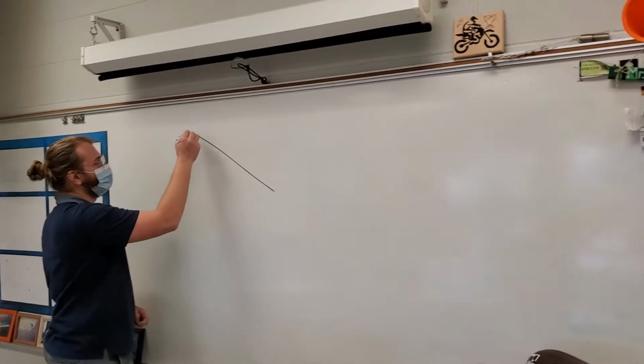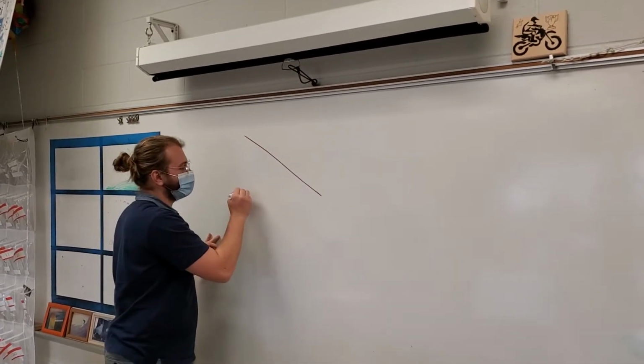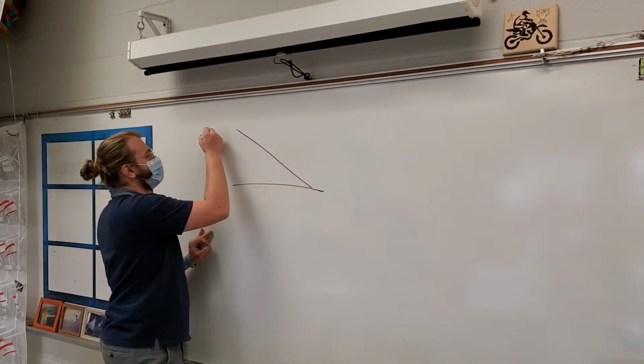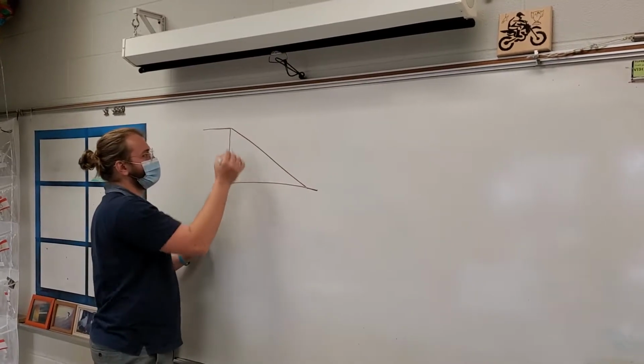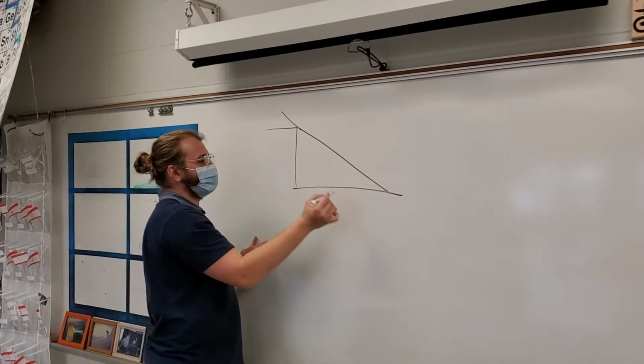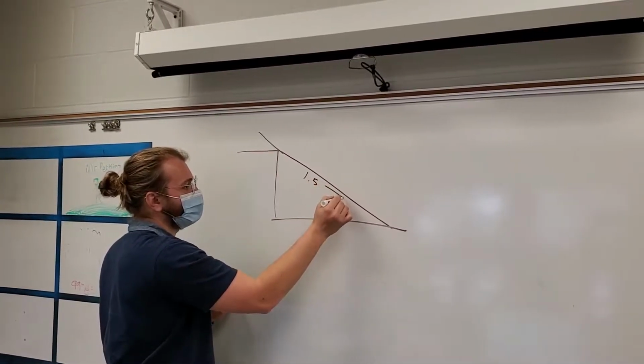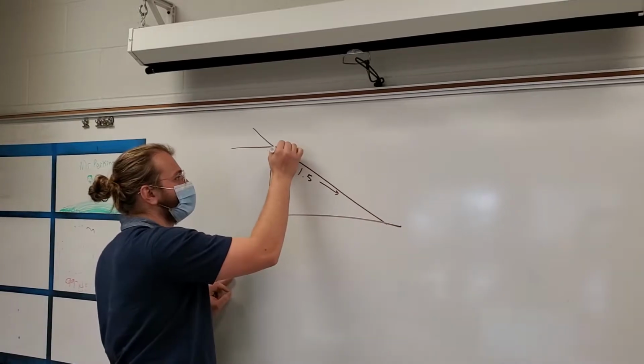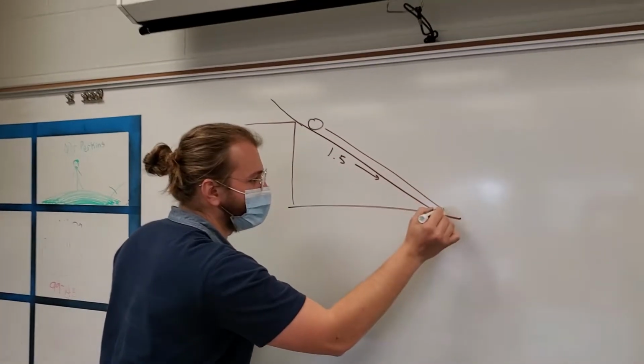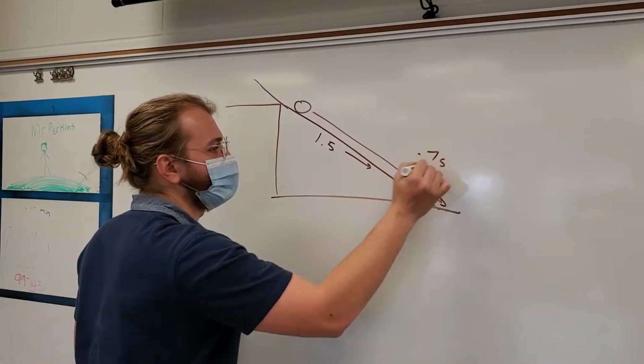So I'm drawing what the board is, right? We have our floor right here, and then the table is sitting right there. So this is our board sitting on our table. It's 1.5 meters down that way, and it took the ball, as it rolled down the hill, 0.7 seconds.